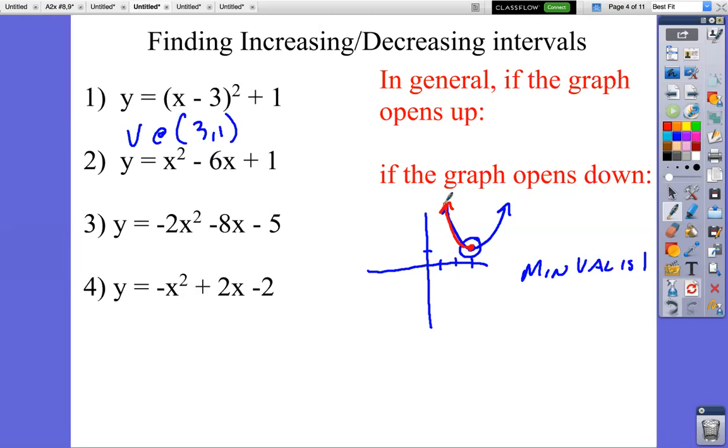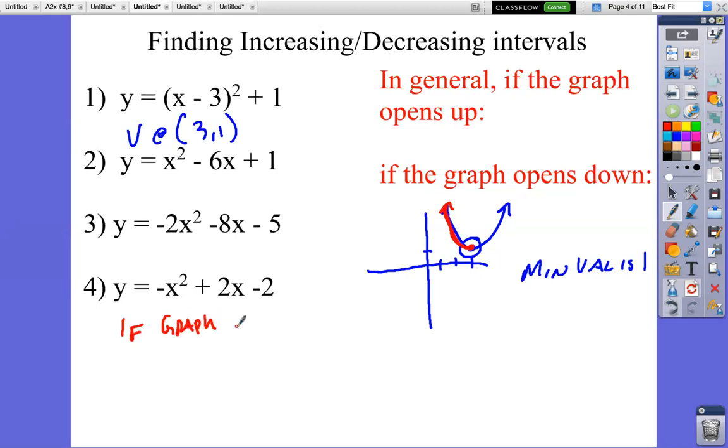What are your Y values doing from here to here? And don't pay attention that the arrow is pointing up. Are your Y values getting smaller or bigger as I go from left to right here? Decreasing.